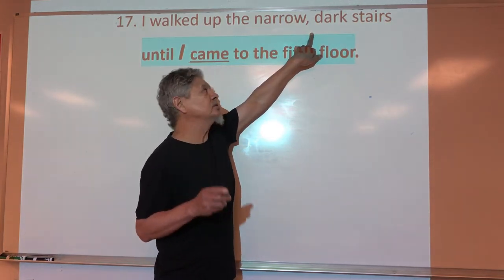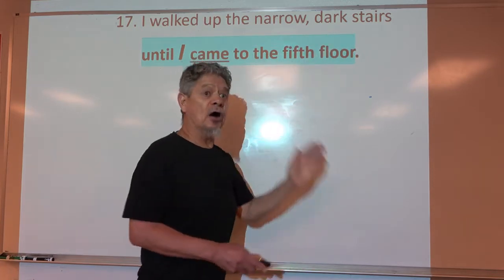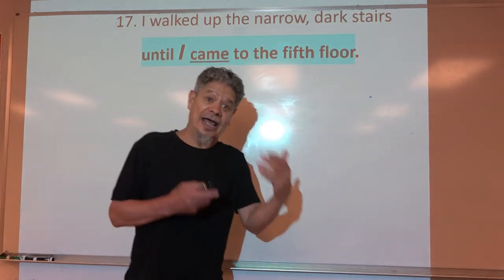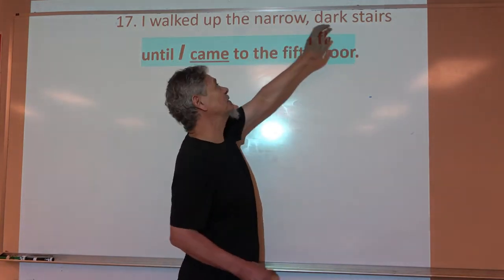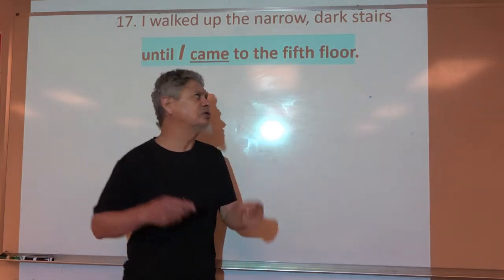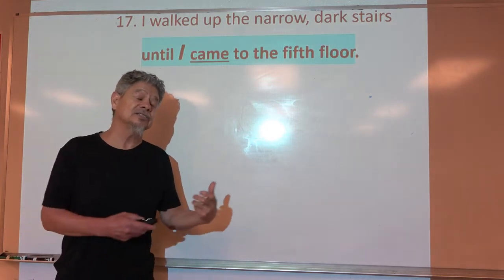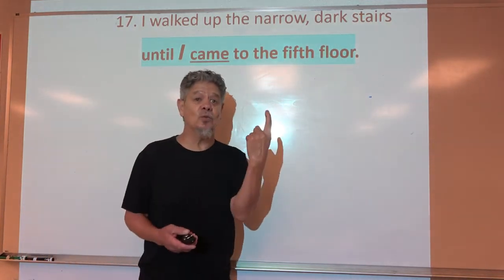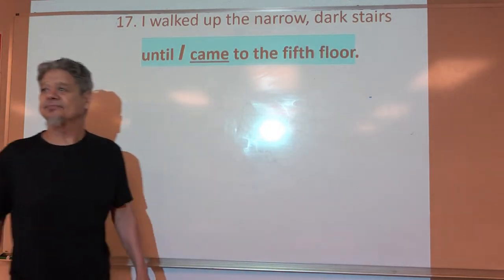This comma we use when there are two adjectives, dark and narrow. And instead of saying dark and narrow, we can say narrow, dark stairways, or narrow, dark stairs. Do you see that? It's a way of eliminating one word, replacing "and" with a comma.